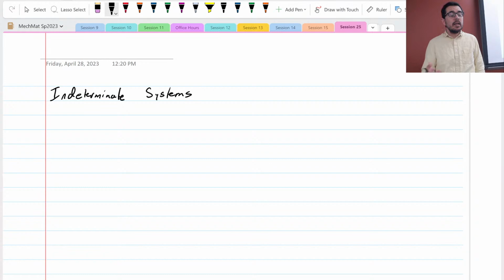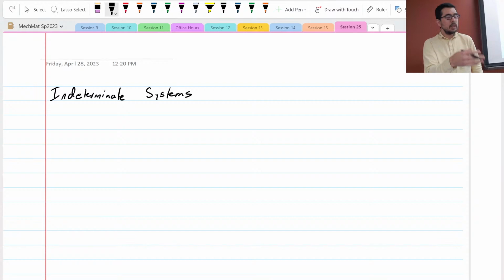I go through it in the notes, but if you have questions, we can talk about it. With indeterminate systems, instead of thinking number of unknown variables and number of equations, I think it's simpler to think of what can I remove from this system to get to a determinate system.